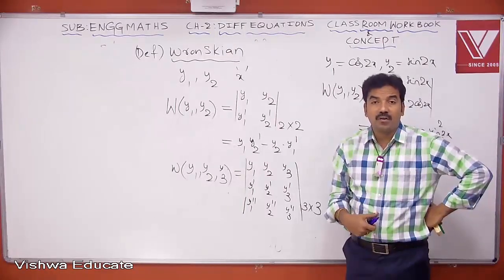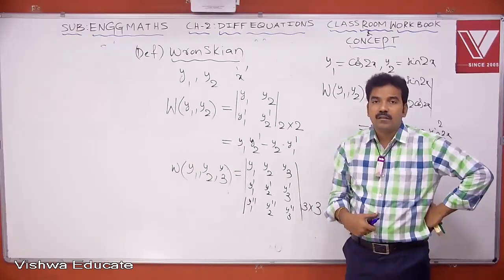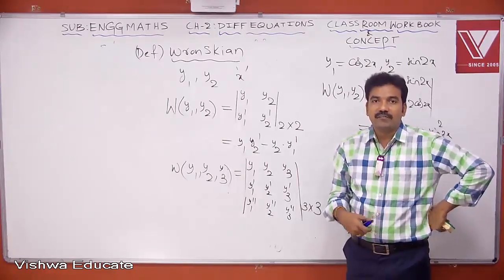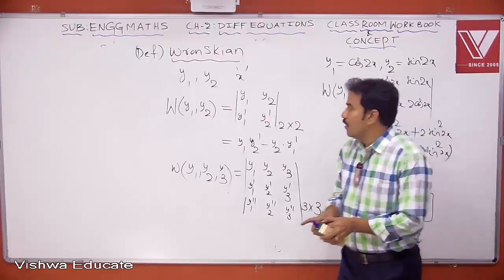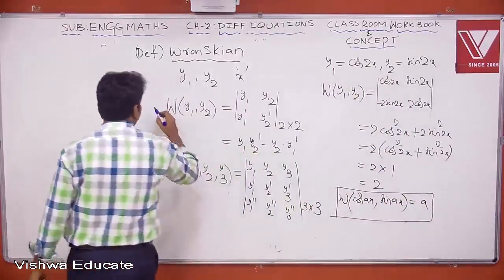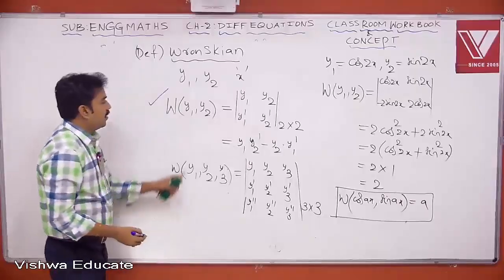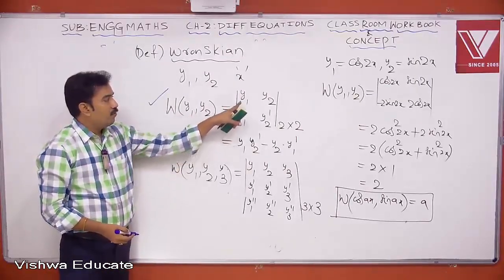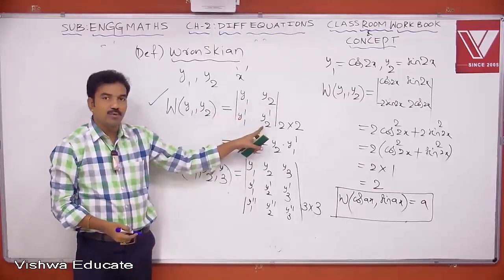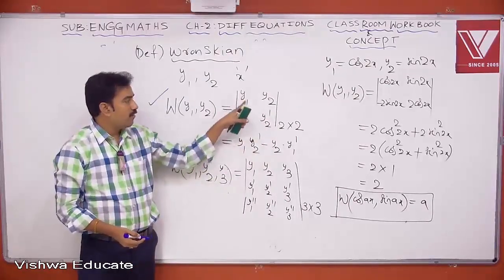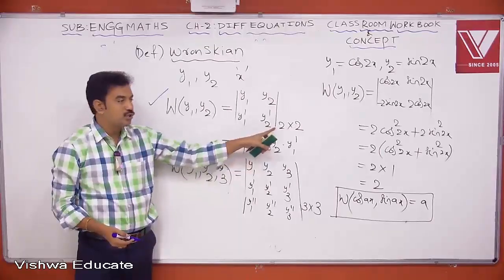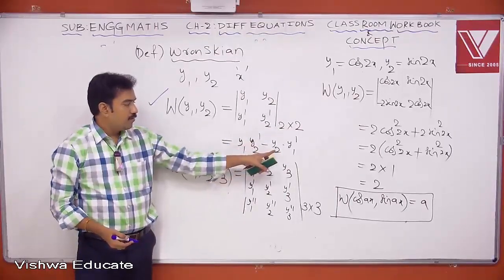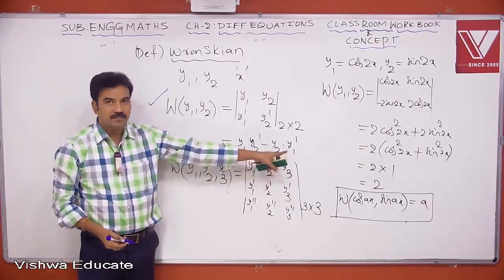The Wronskian of y1 comma y2 is denoted and defined as W of y1 comma y2 equal to det of y1 y2 y1 dash y2 dash, 2 by 2. This is equal to y1 into y2 dash minus y2 into y1 dash.